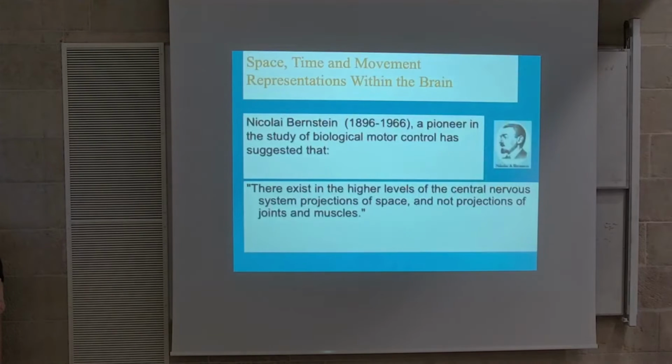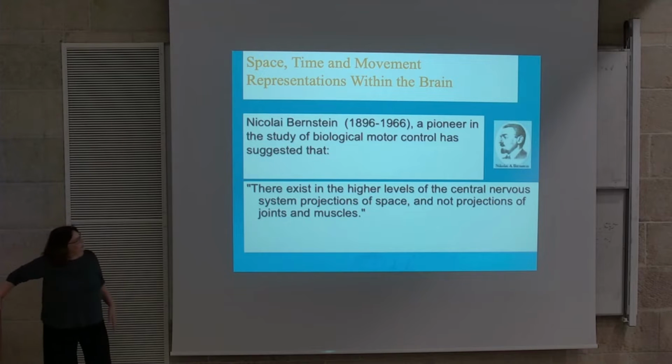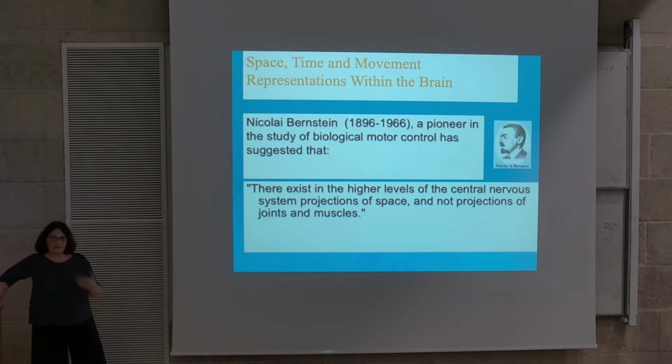So I want to pay tribute also to the famous Nikolai Bernstein, who was a pioneer in the area of motor control. Not too many people knew about him. He was in Russia, and Stalin didn't allow him to work for 12 years, and he was discovered rather later on in the West.